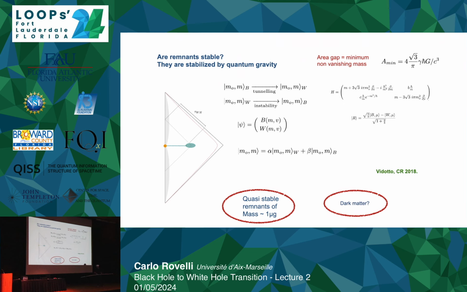Now, why is this interesting? I think for one key reason, which I found the most interesting of all this story. So imagine this story is right. Then black holes, any cloud of matter that collapses into a black hole, become a white hole, stabilized, the remnant, and stays there.